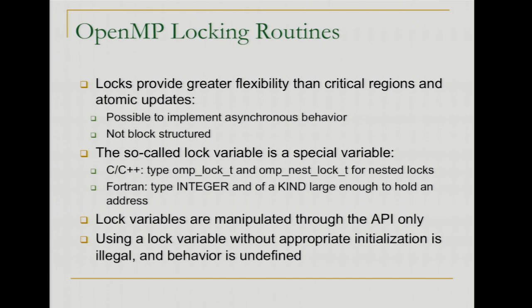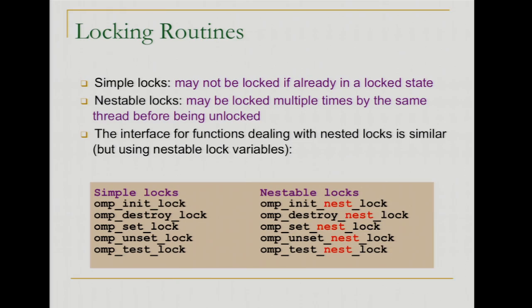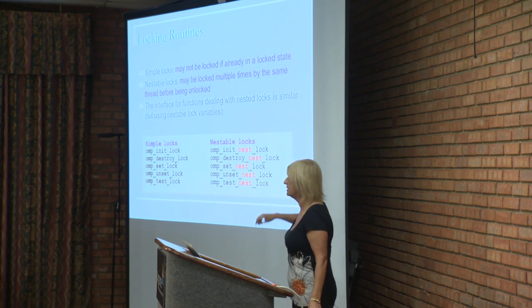They ensure mutual exclusivity. While a thread has a lock, or you talk about acquiring a lock, it can execute the code, and nobody else can until it has released its lock. There's a little bit of additional power with locking because you can not only acquire locks by setting them, you can also test them.